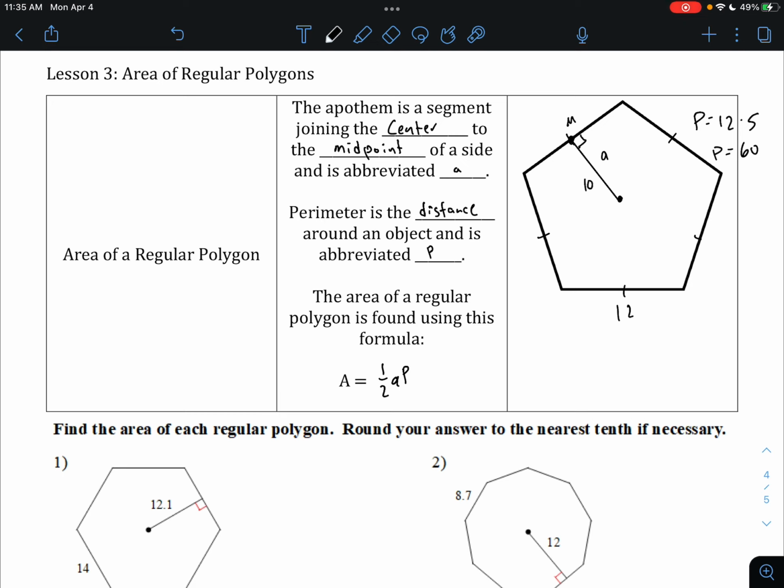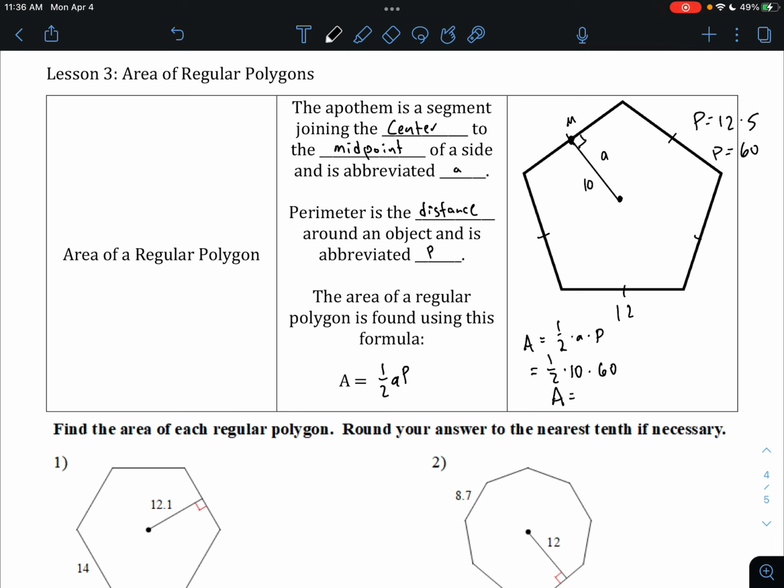So to find the area of my regular polygon, it's 1/2 of the apothem times the perimeter, which is 1/2 of 10 times 60.